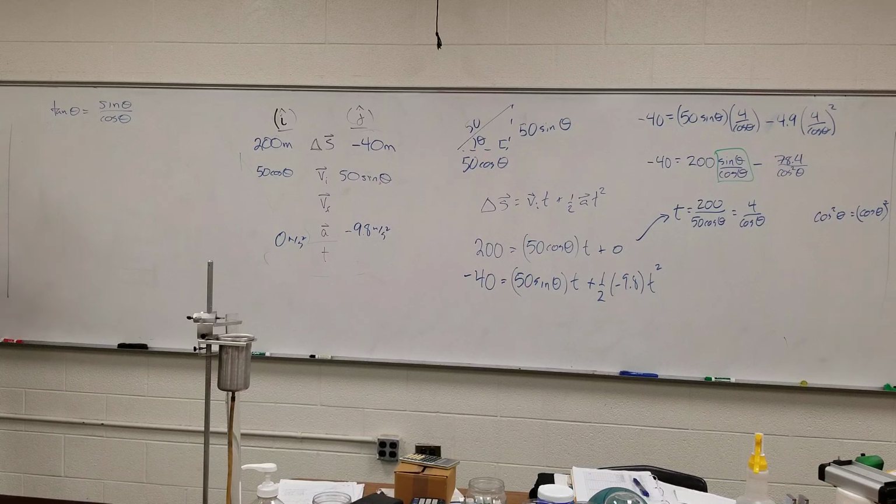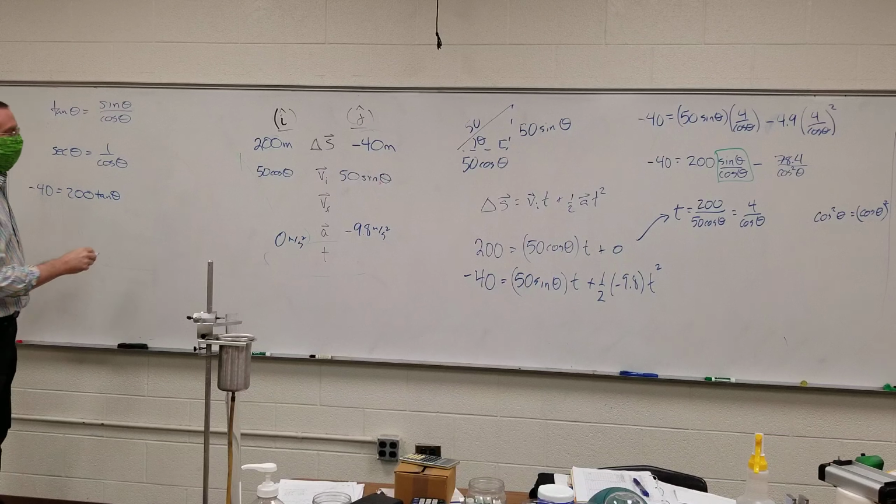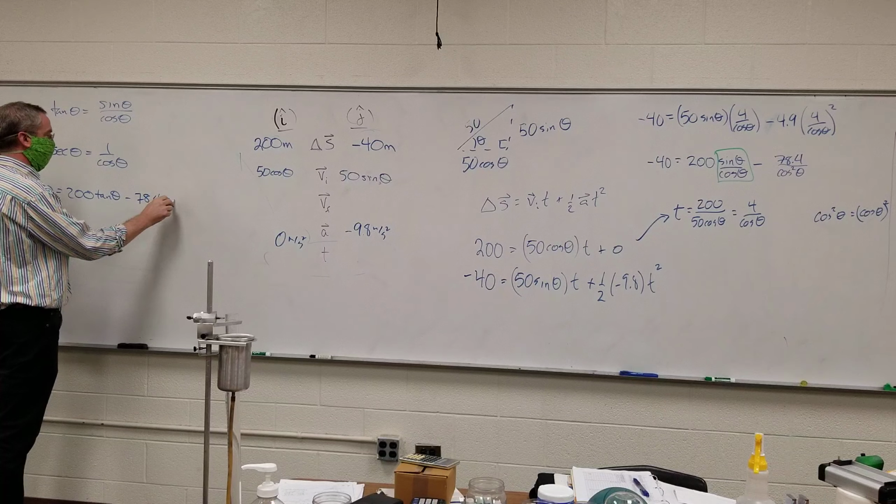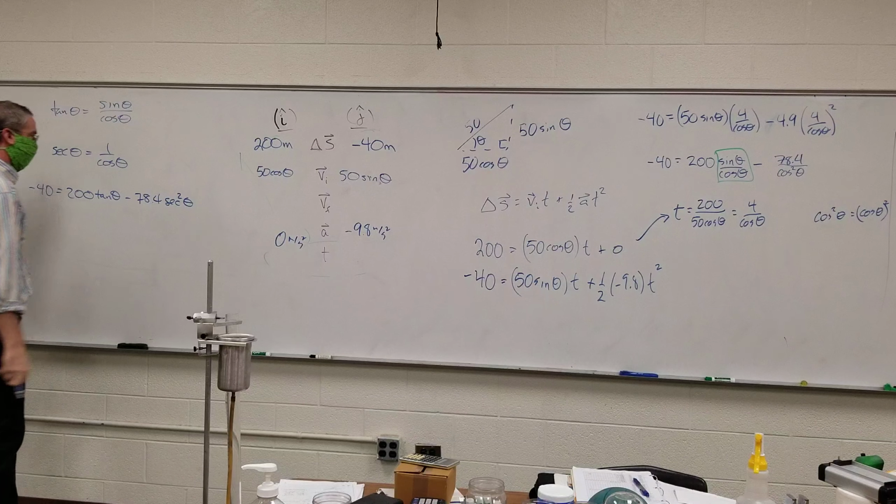Isn't it secant is 1 over cosine theta? Yep. So would we have secant squared of 78.4 there? Yep. So our problem has now become negative 40 equals 200 tangent of theta minus 78.4 secant squared theta.